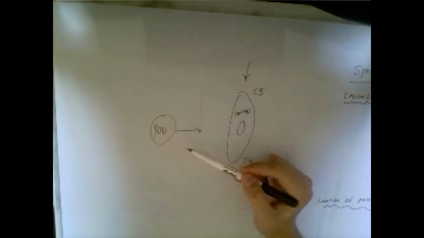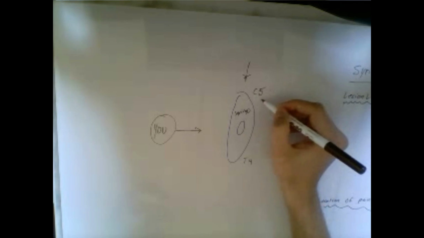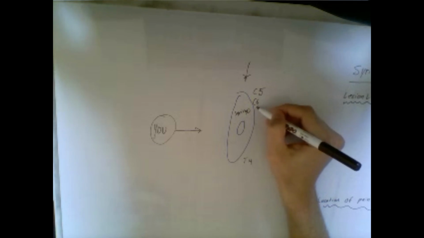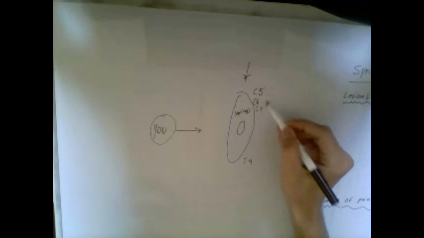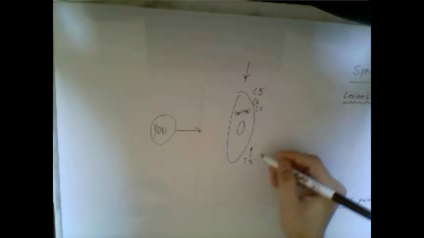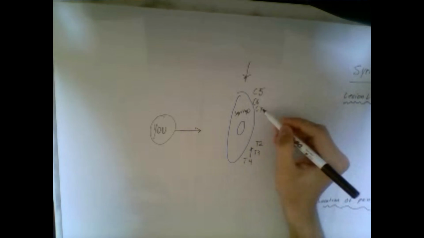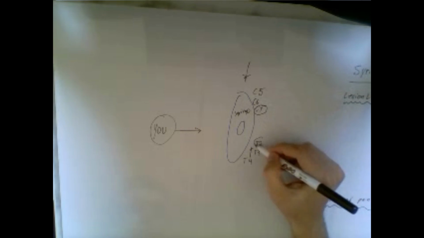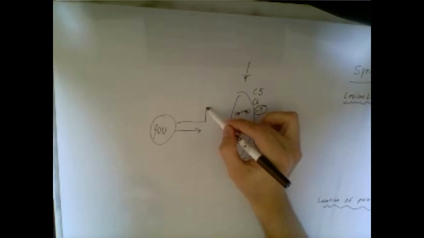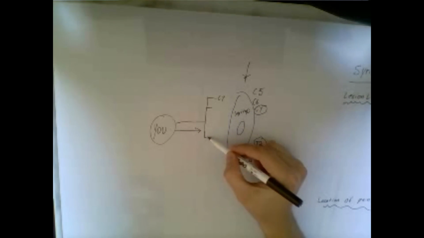So to determine how wide your reach can be, you go downward from the top, C5, C6, C7, and you go upward from the bottom, T3, T2. So C7 to T2 is how far your reach goes.